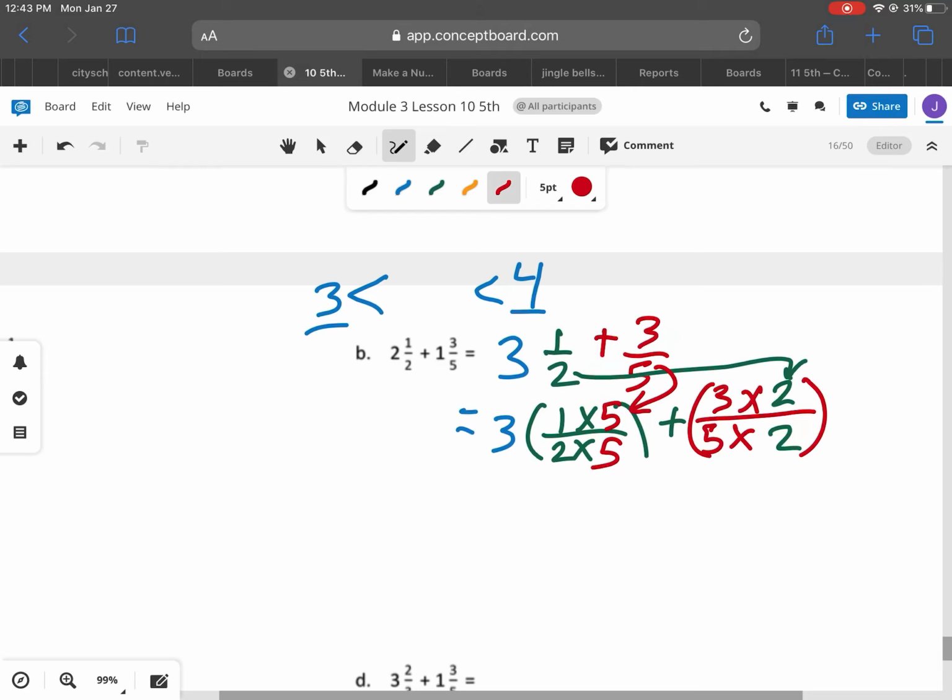All right, 2 times 5 is 10, so my new denominator is going to be 10 for both of them. And 1 times 5 is going to be 5, and 3 times 2 equals 6. So here again, we have an improper fraction.